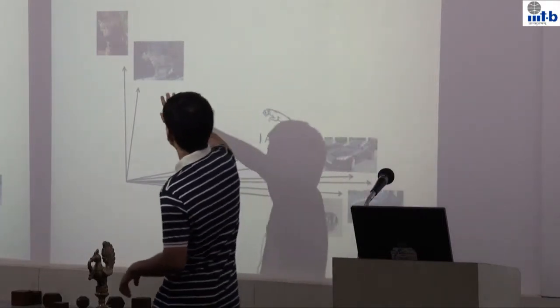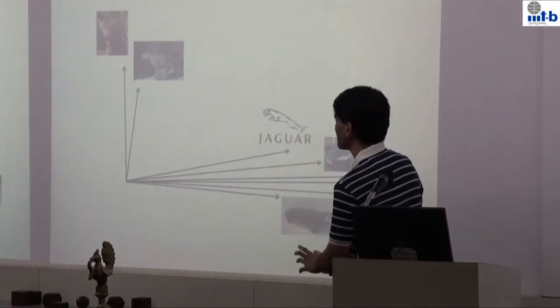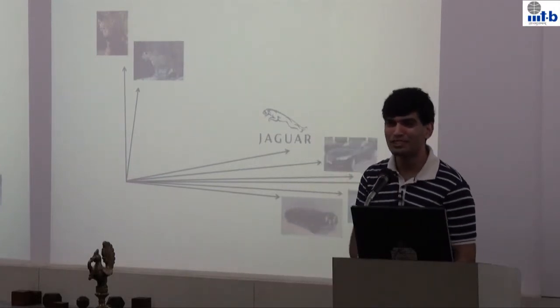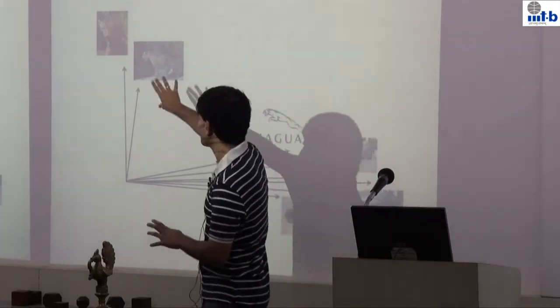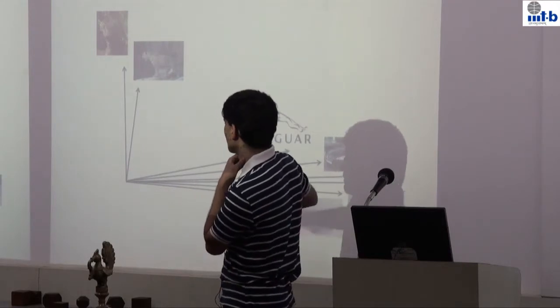All these images correspond to jaguars, but two kinds of jaguars. This is just a diagram to give you an idea of how things may look.